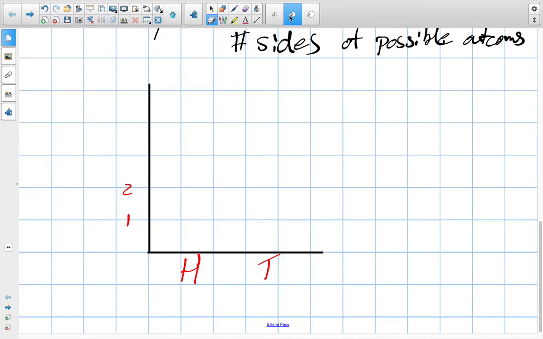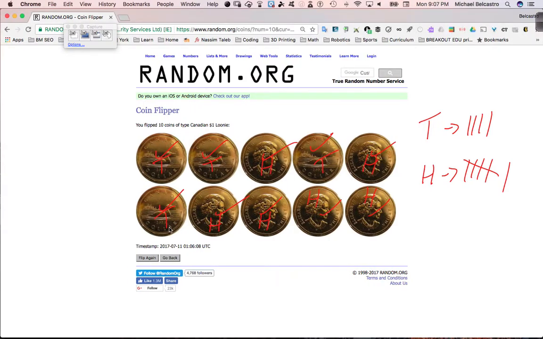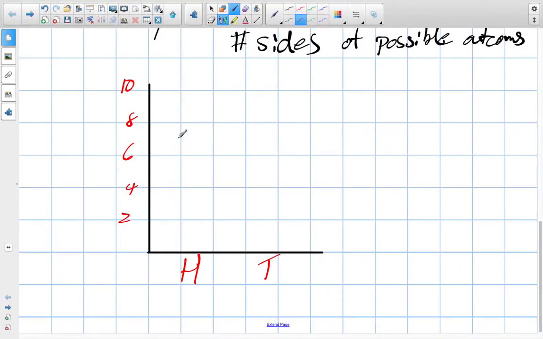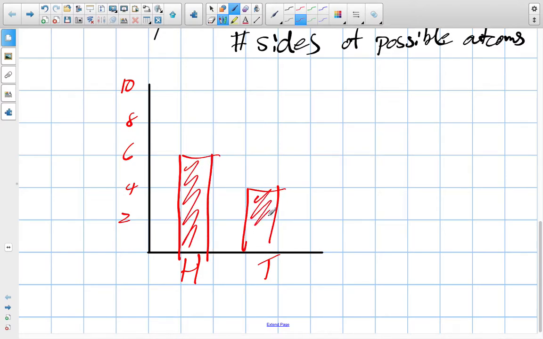I'm going to go up by 2s: 2, 4, 6, 8, 10. Tails we had 4 and heads we had 6. So here's our bar for 6 heads, and 4 tails.